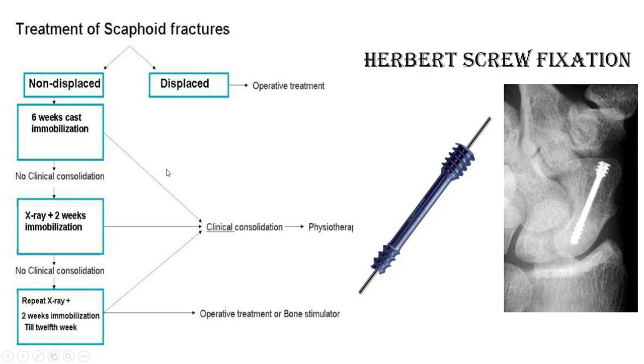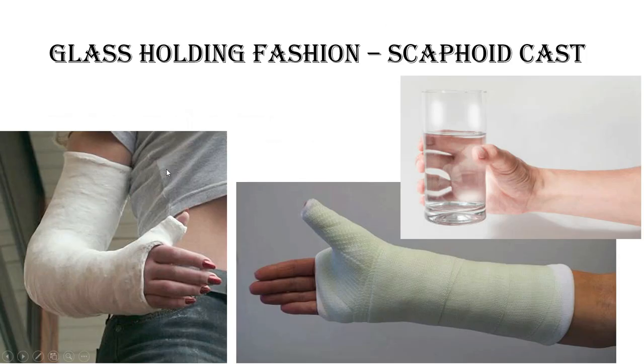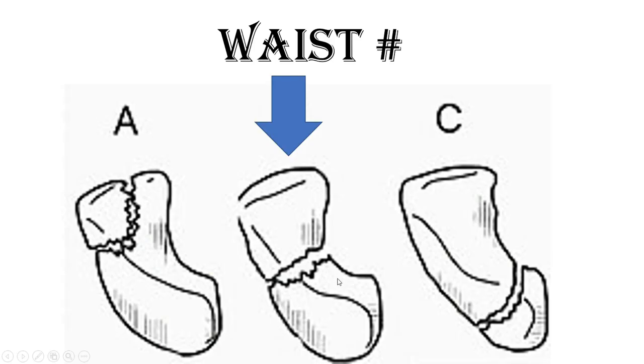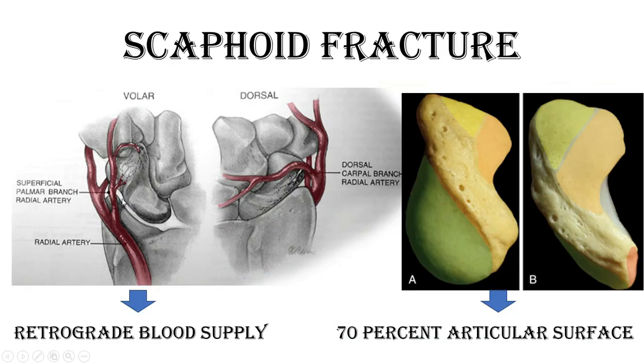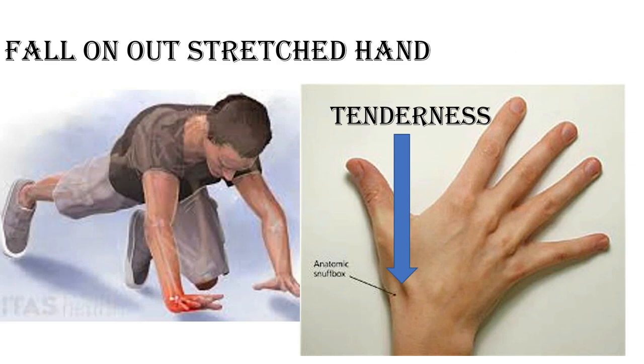So when you are doing a plaster for a scaphoid fracture, you have to counsel the patient that this type of fracture has a chance of avascular necrosis of the proximal pole because of the peculiarity of the blood supply, so there is a chance of non-union. Then it can go into avascular necrosis, and you have to explain all that to the family members, otherwise the patient will blame you for the consequences.